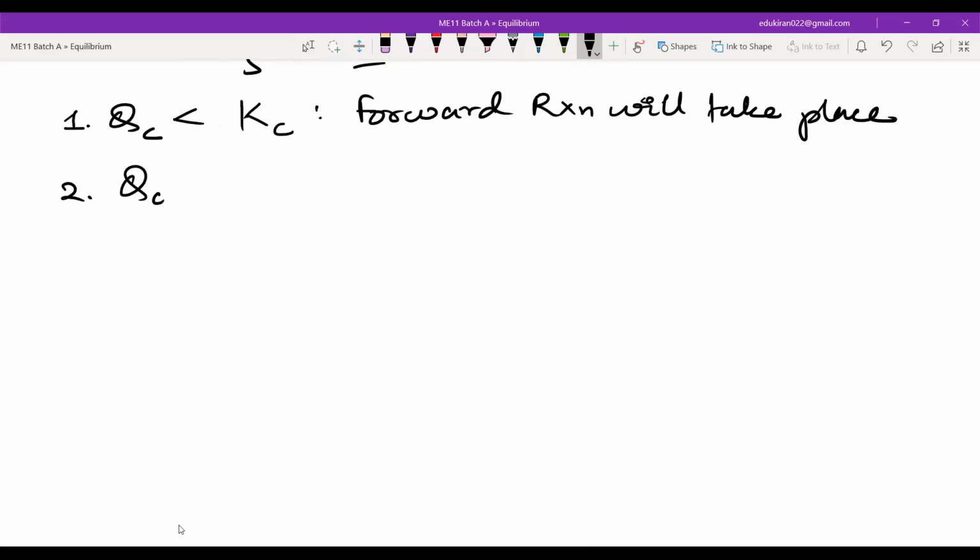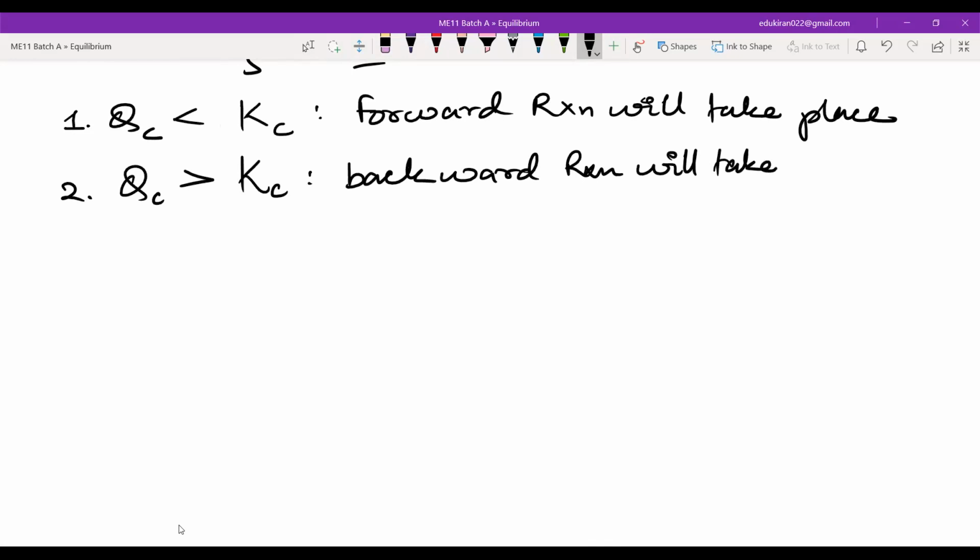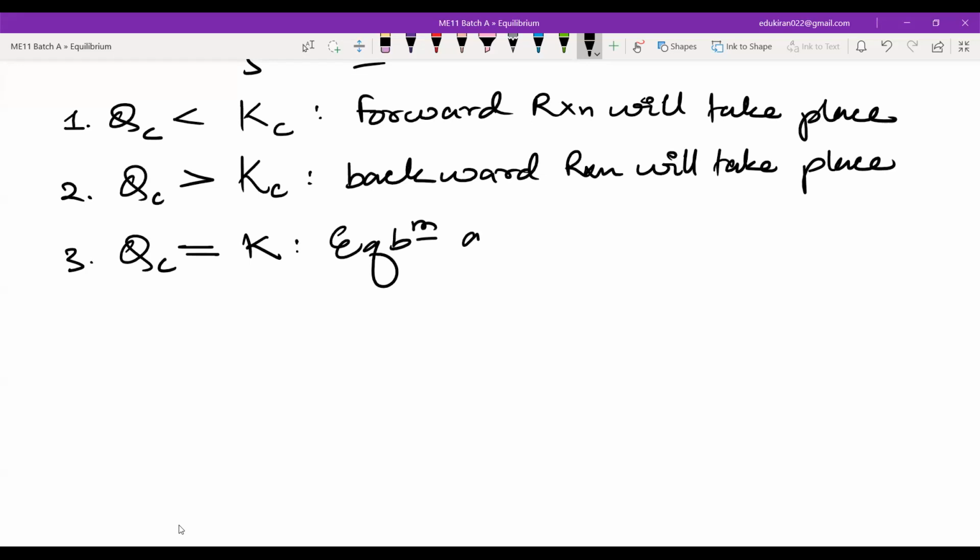Secondly, if I have QC greater than KC, then backward reaction will take place. Thirdly, if QC is equal to KC, then no reaction will take place. That means equilibrium achieved.